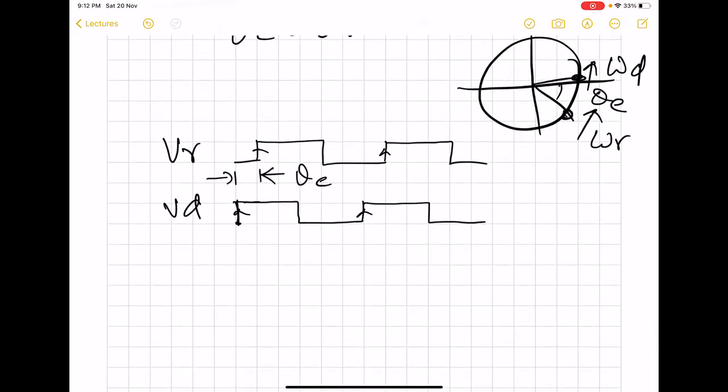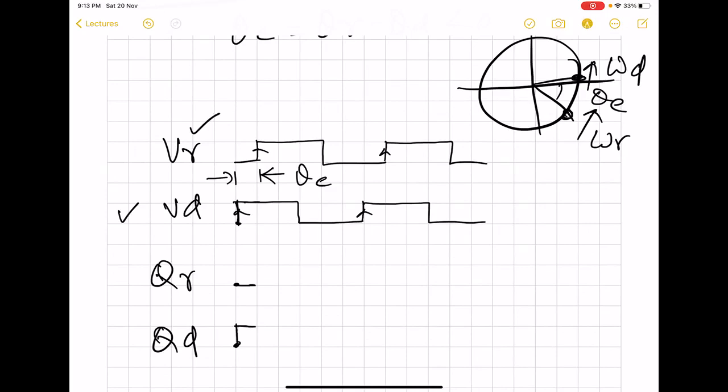So now let us see what will be QR and QD. Of course, we assume that in the beginning both are in state 0. So we see that the rising edge of VD occurs first. So QD will become 1 and it will remain 1 for a short duration, because then after a short duration the rising edge of VR occurs.